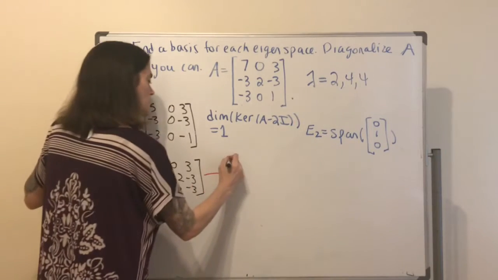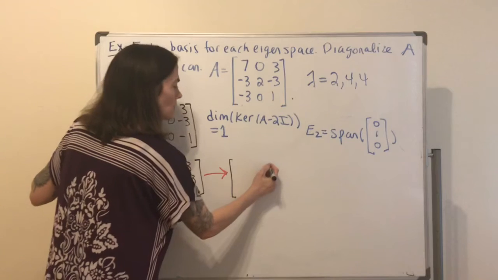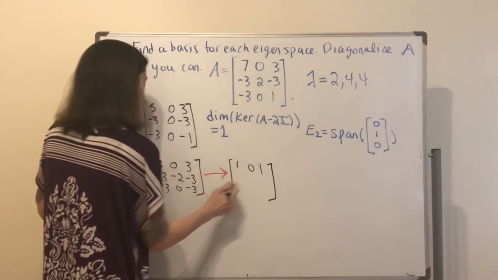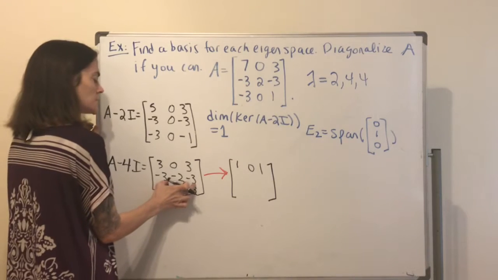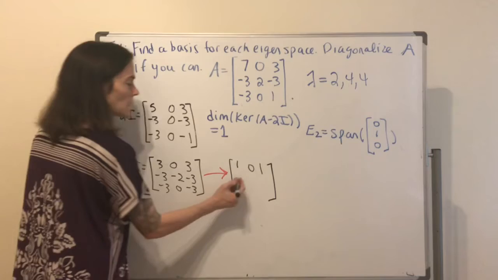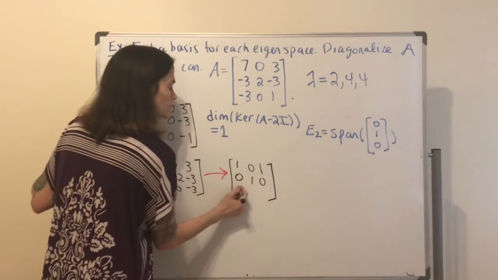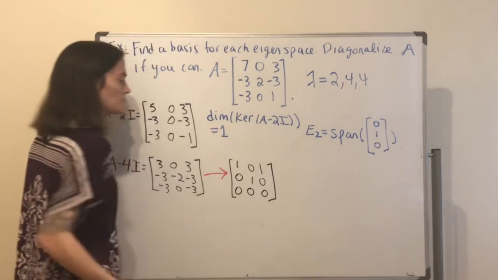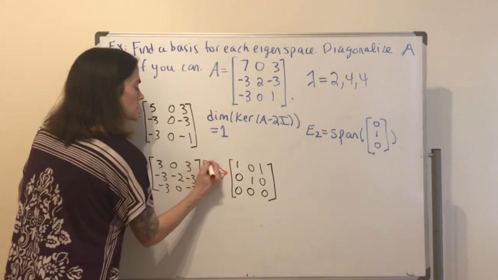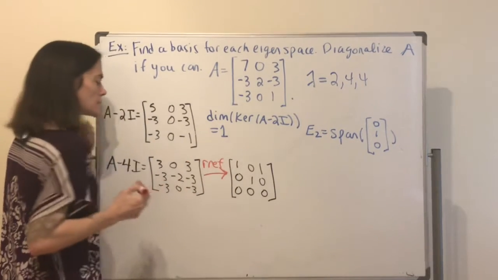You can do this in your mind. We just divide the first row by 3, and then we can have 0 and 0 in both of these columns, and then we would get here. That's pretty easy to see when we move to reduced row echelon form.